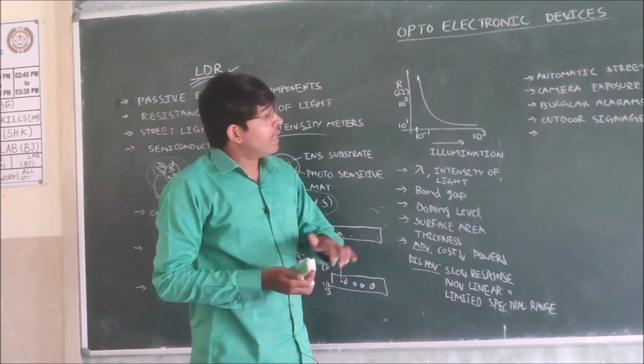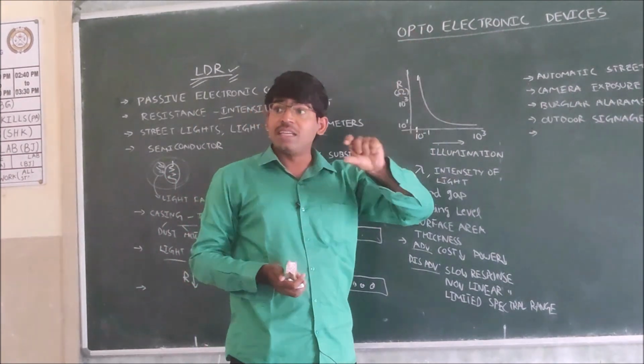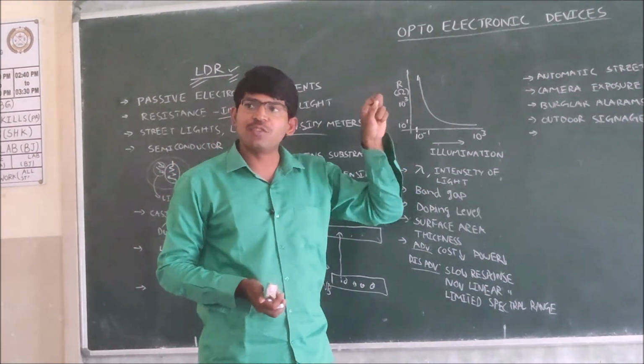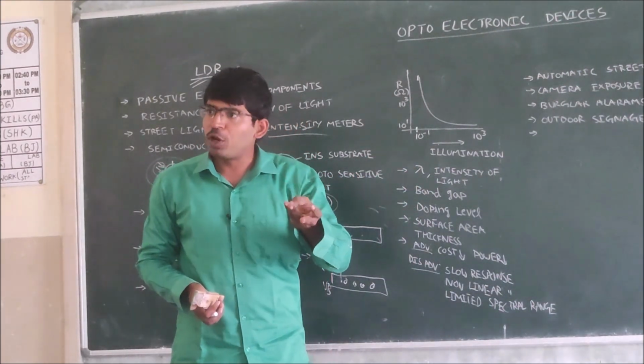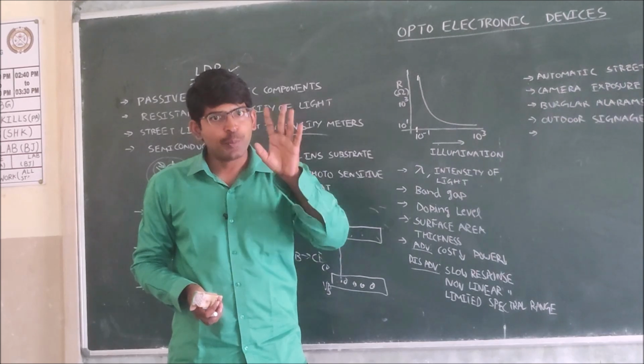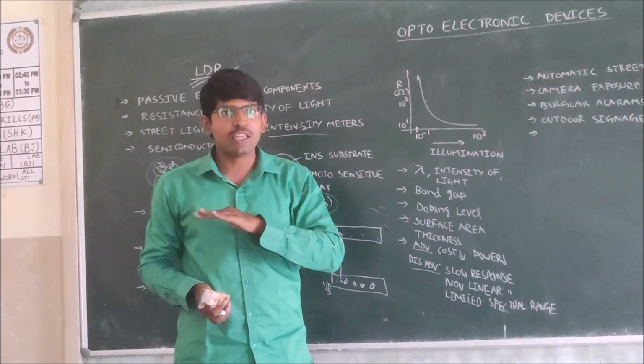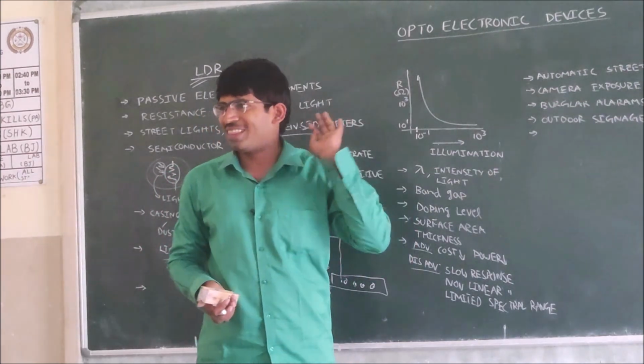See here, the LDR change of the resistance will also depend upon the wavelength of the light. Each light, blue light, VIBGYOR, all lights, violet, indigo, blue, yellow, are not having the same wavelength.